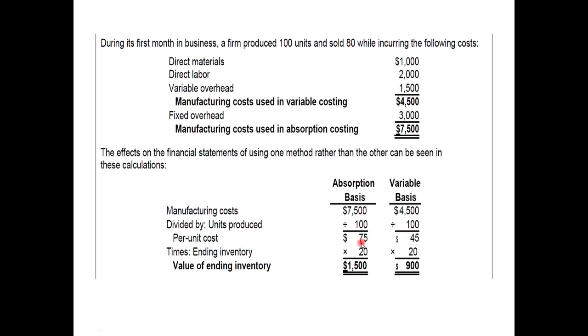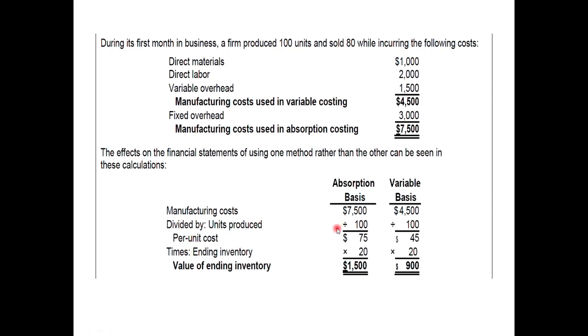Under absorption costing, the per unit cost is more than the per unit cost under variable costing, because absorption costing includes fixed overhead.